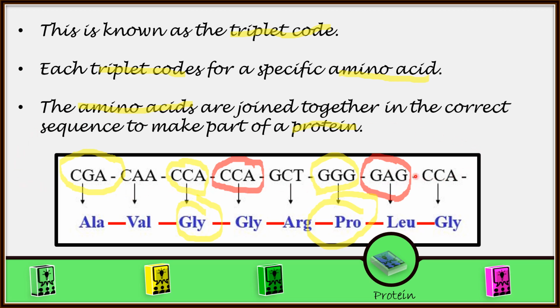That code is going to arrange the amino acids together, and when they are arranged, they will join and form part of the protein. So this protein is controlled by these different triplets joined together, and these triplets we find in DNA, which is found on the chromosome.